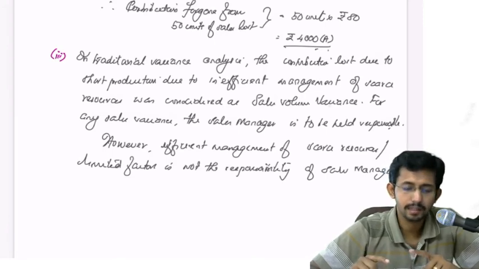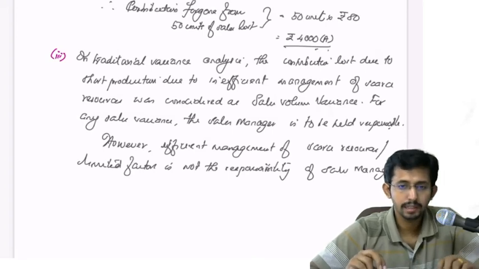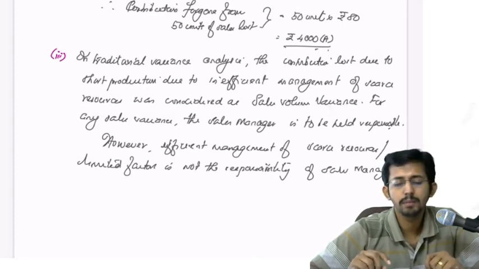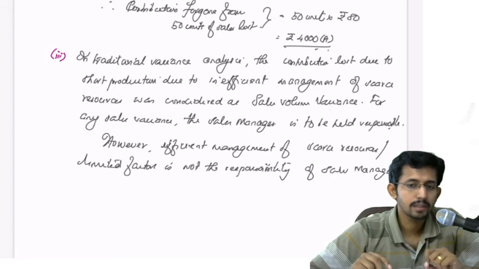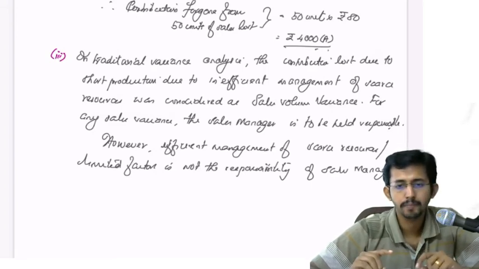How can it be corrected? Can be corrected by deploying relevant cost approach of variance analysis. Okay, next paragraph.